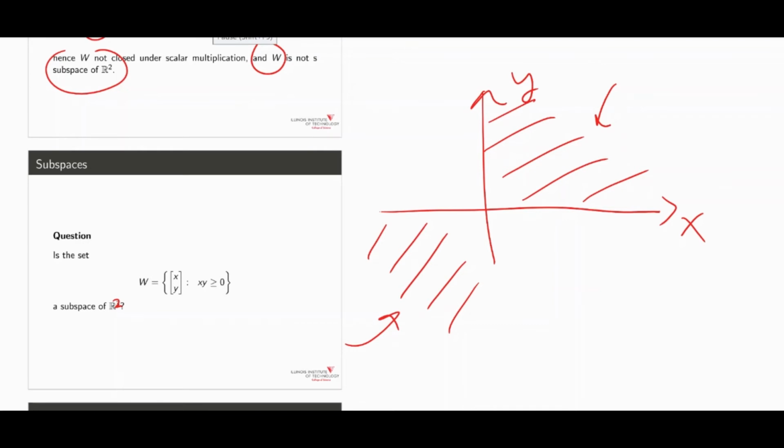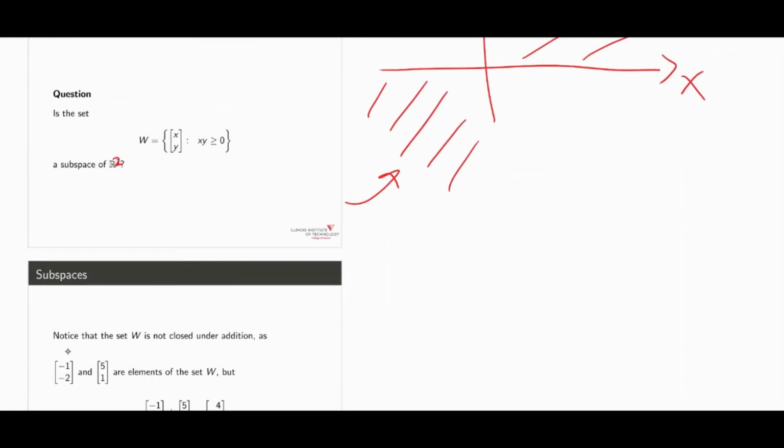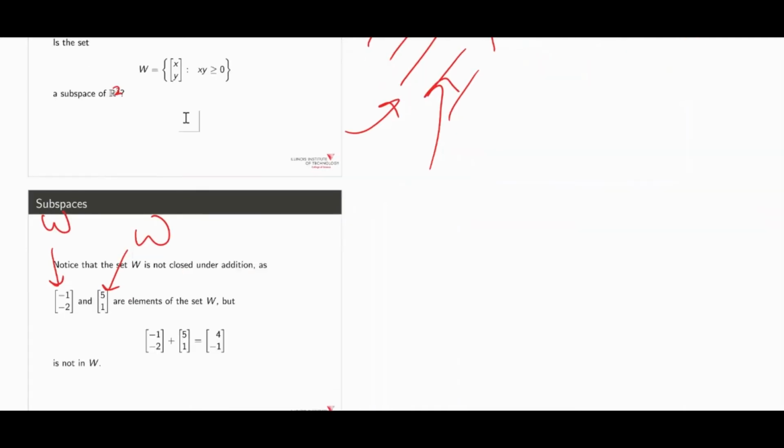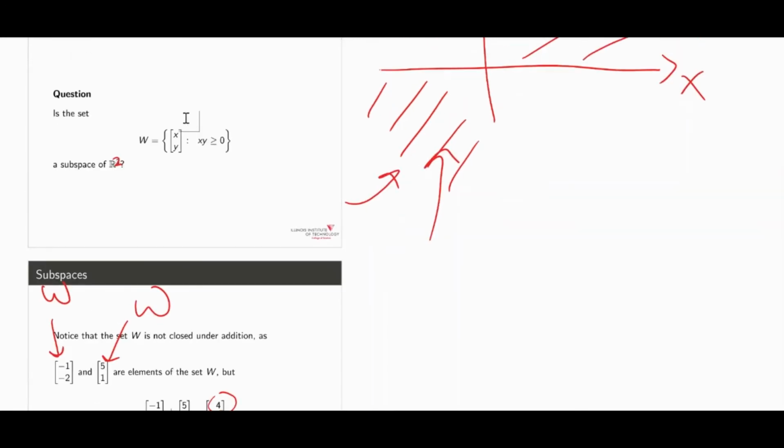All right, welcome back, and I hope you already have your answer, and your answer should be no. Let me show you one example. For example, (-1, -2), which is right here: the product of -1 and -2 is positive, so it is an element in W. (5, 1) is also an element in W, but when you add them, you get (4, -1), which is somewhere right here, 4 units here, -1 here.